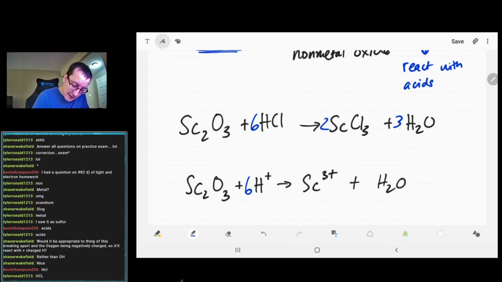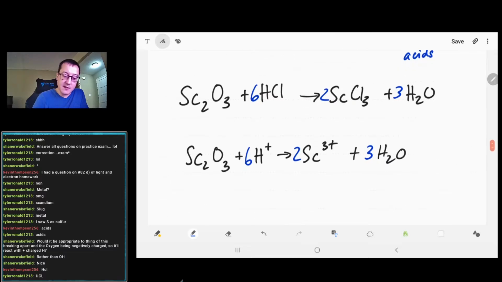You would still need 6, 2, and 3 as your coefficients. And notice this is also charge balanced as an equation. We have 6 plus on both sides. So remember, that's something you have to keep in mind. But this would work. You could make it with sulfuric acid, whatever. Anything would work. The question is conceptual. It's not necessarily asking for a concrete answer.